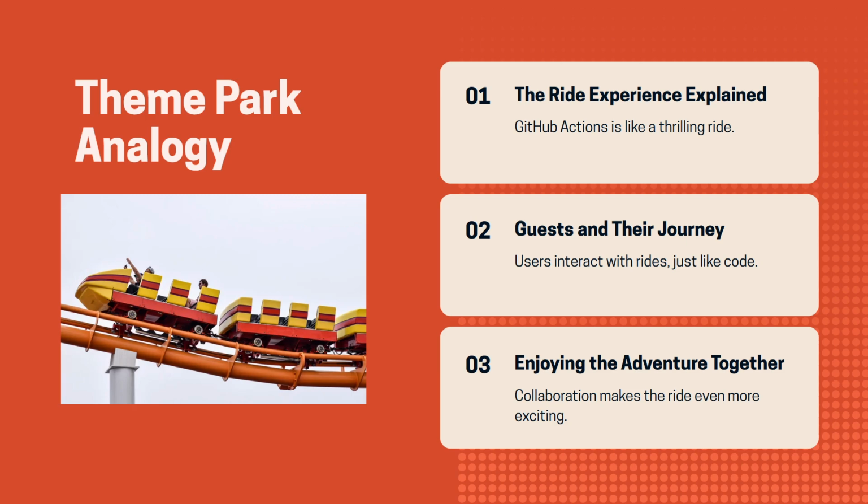So every time you push code, it's like a guest pressing the start, right? The workflow file is like a blueprint for whatever happens next: which jobs or stations to run, what effects, that is, what actions to use, in what order.